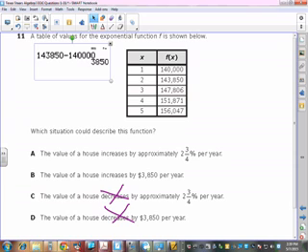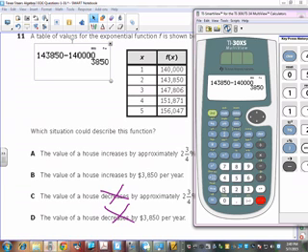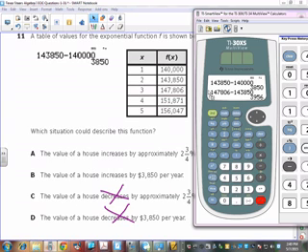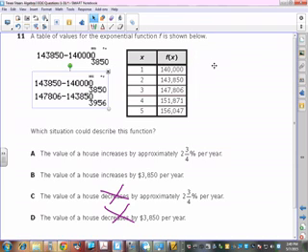Okay, and let's do the next one. All right, and this one, is it increasing by $38.50 a year? Only the first year, okay? Something else is happening there. So it must be A, that it's increasing by 2 3/4% a year.